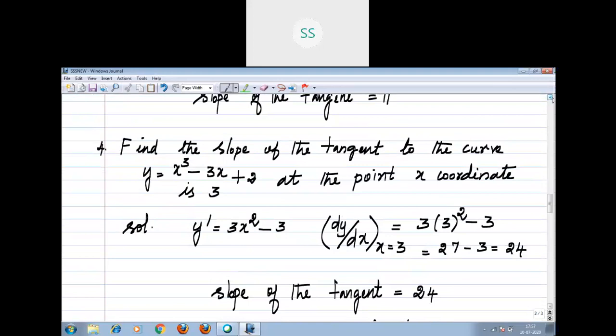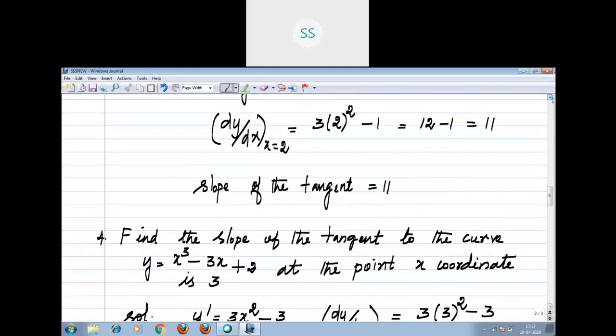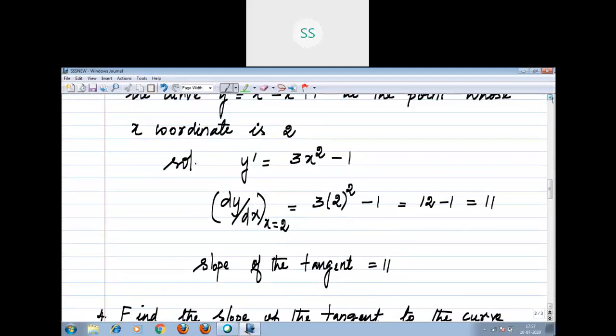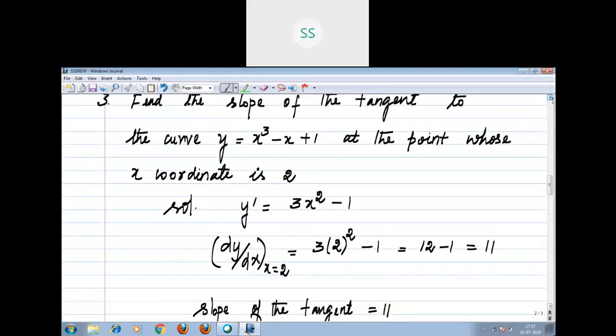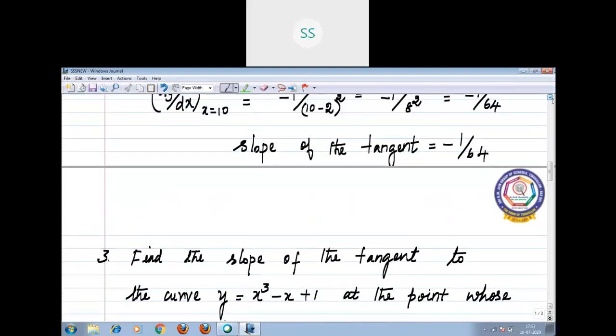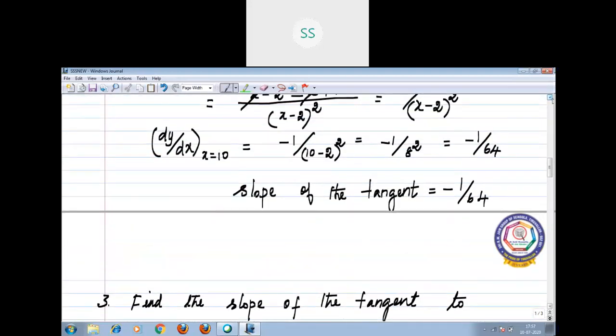Up to the fourth question, you have no issue. Simply you are differentiating and substituting the value. In the fifth question, it is entirely different, right? Based on your right hand side, you are differentiating.